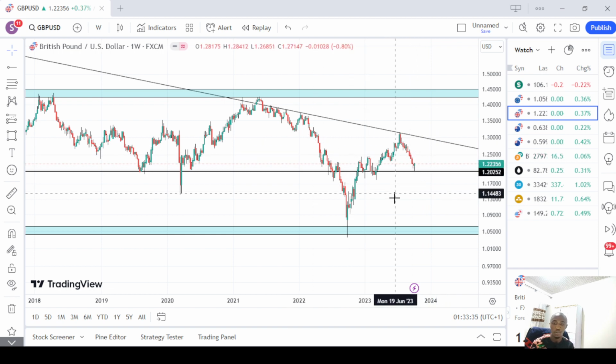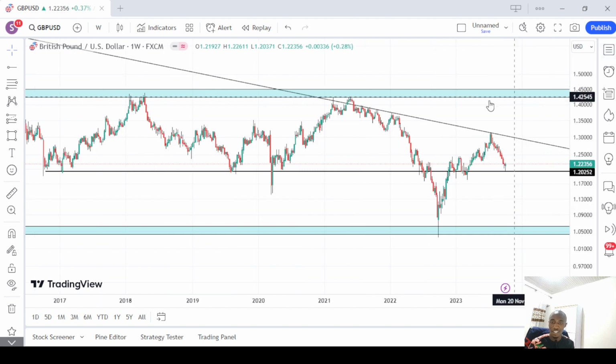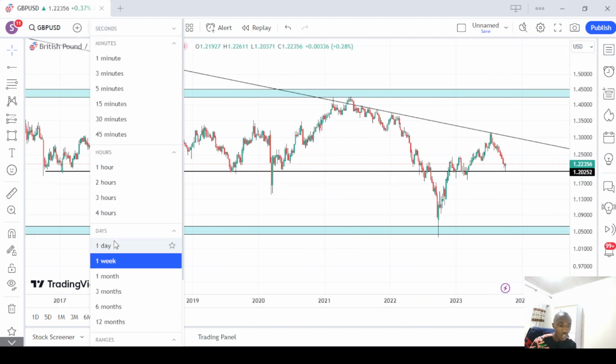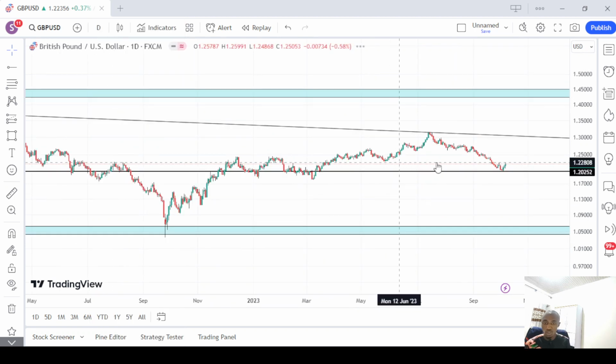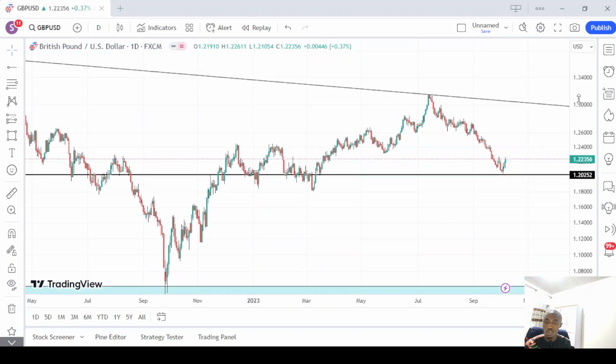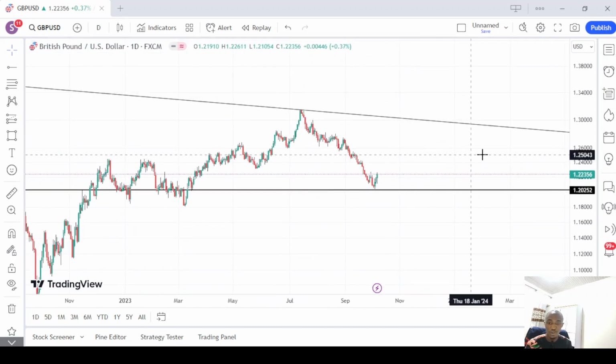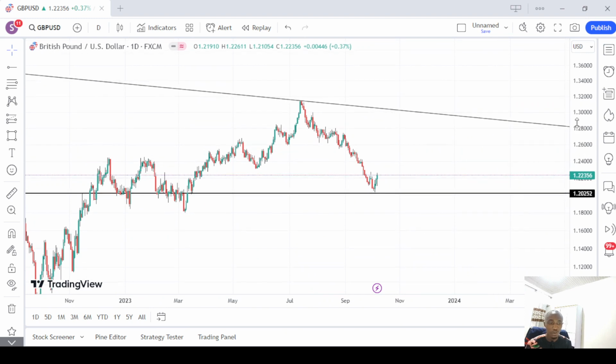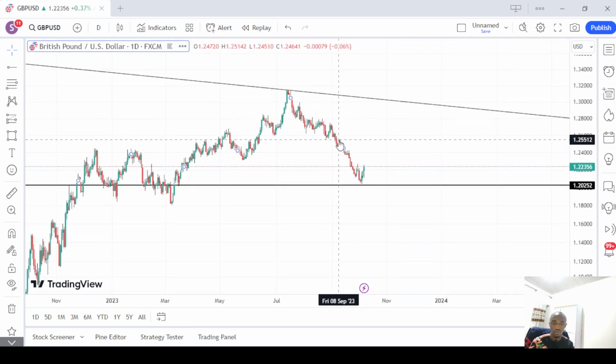But for now, I'm making the video to help you know how to draw trend lines and zones, support and resistance zones, not to tell you whether we are buying or selling for now.